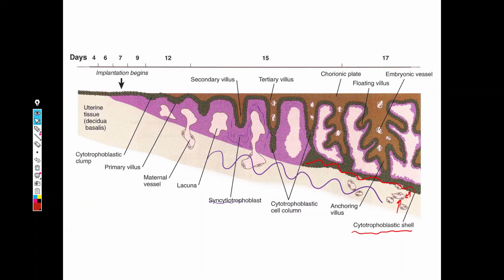So the so-called hybrid vessels are formed where the endothelial cells of the mother and cells of the embryo, the cytotrophoblast, are combined together. Really imagine that cytotrophoblast will mix with endothelial cells of the mother.